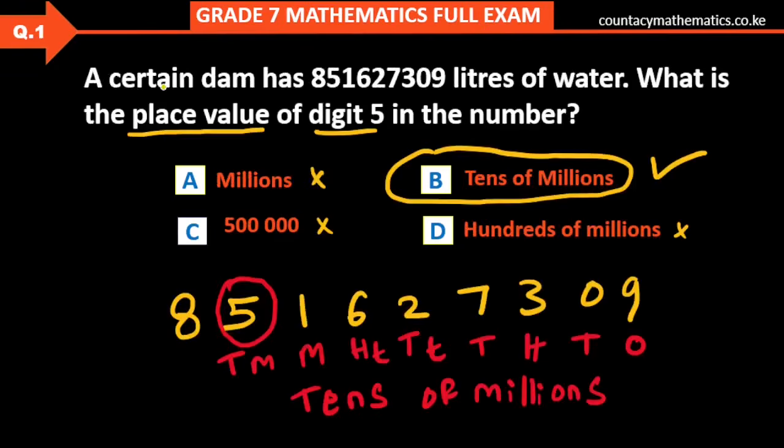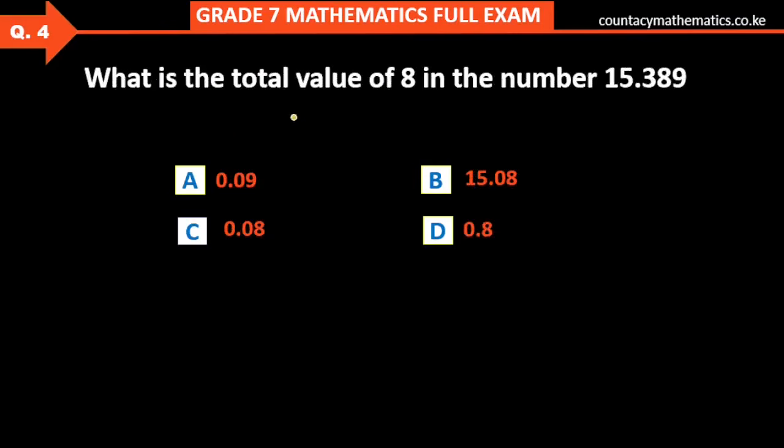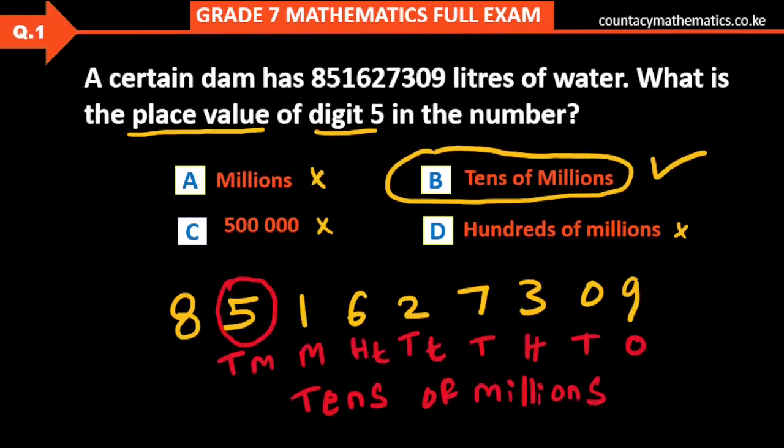You remember we started by finding the place value, but now what we have here in this question is the total value. You should be able to distinguish between the two, the total value and the place value. The place value shows you the position of a digit in a number. It shows you just the position.